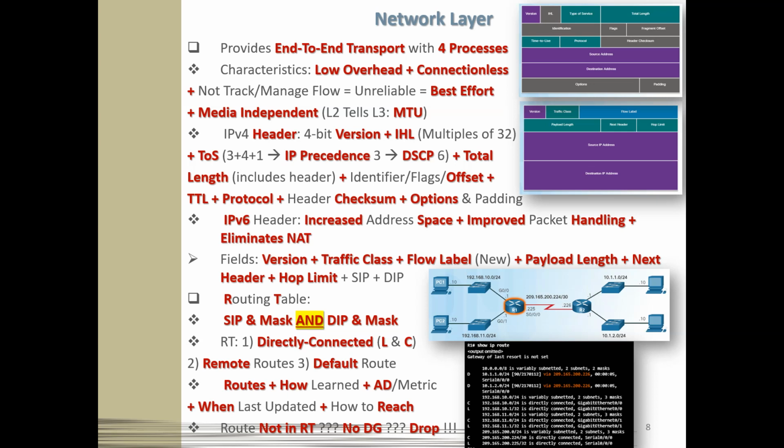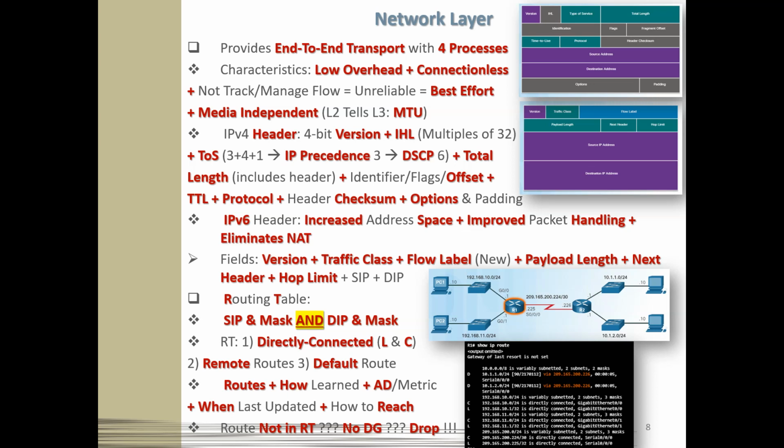Last but not least, network layer is known to be media independent. Doesn't matter if we have wired or wireless media at the end towards physical layer. However, network layer does have maximum size of PDU that can be transported. This is called maximum transmission unit, MTU.